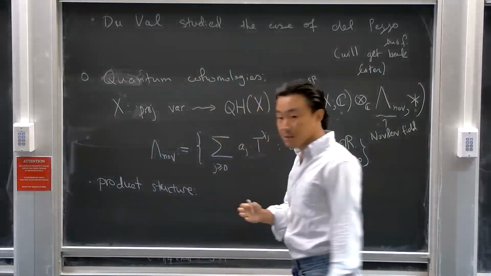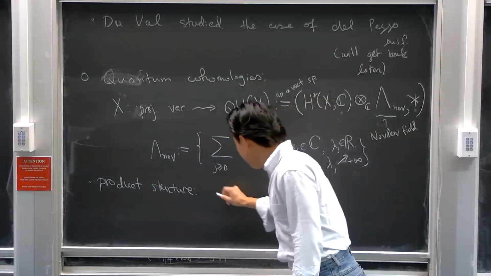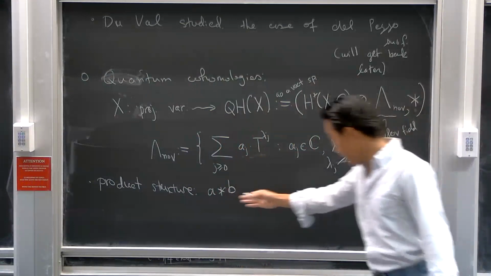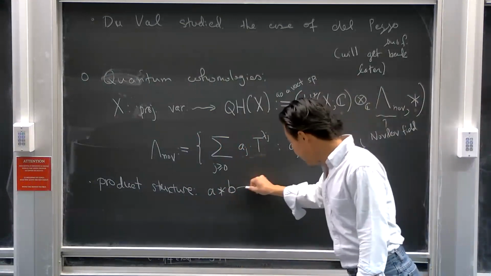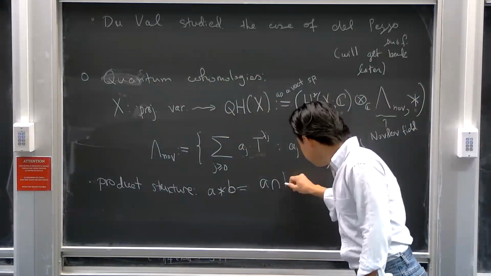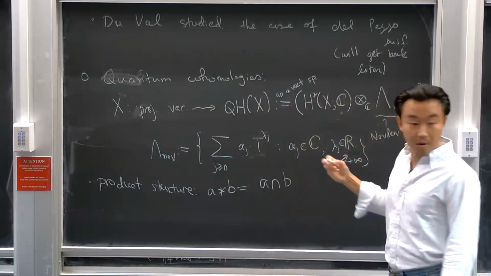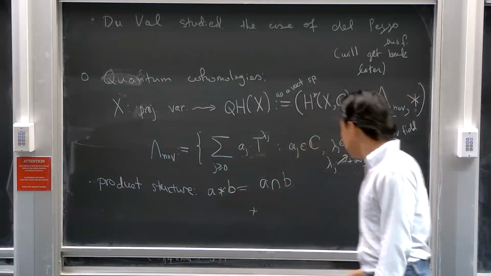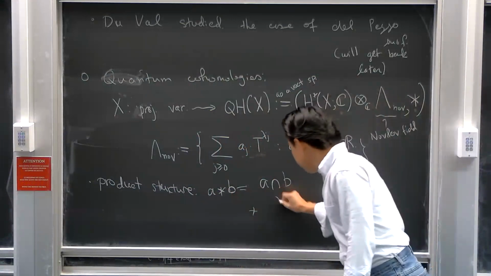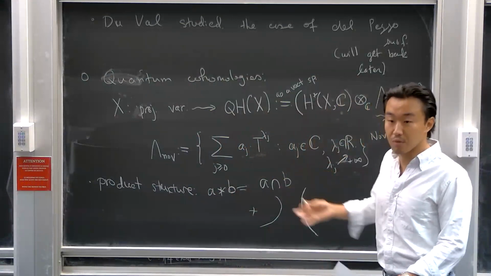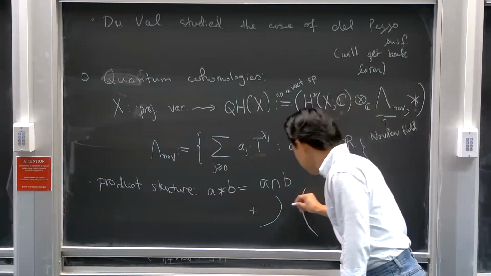And as it was explained yesterday, if you look at the product of classes A and B, it's something more complicated than the intersection product. You start from an intersection product, but you also consider intersections modulo holomorphic spheres, rational curves.